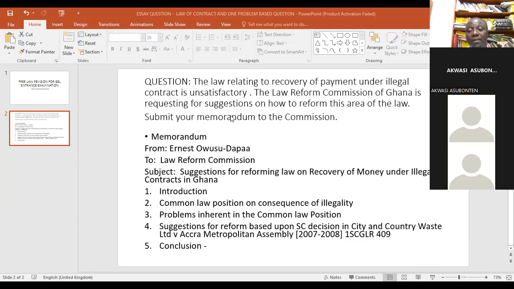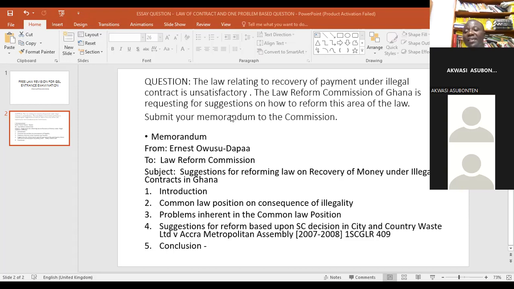Otherwise, you have encouraged the situation of what? Unjust enrichment. So therefore, in conclusion, where we embrace the suggestion made by the Supreme Court and actually follow it according to the facts of that particular case, we will be able to redress most of the situations in which we use what they call the one size fits all.